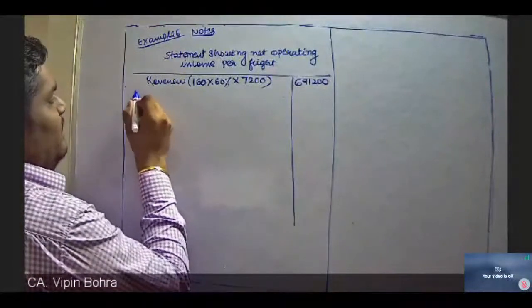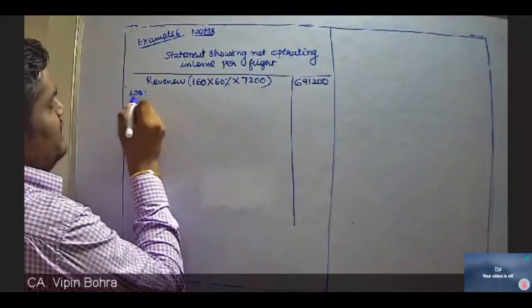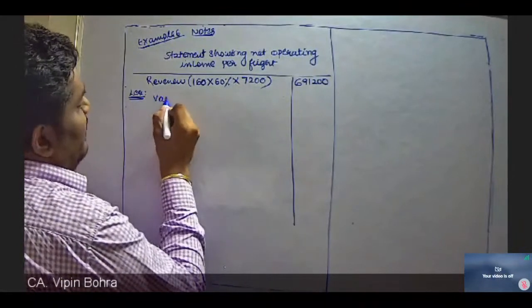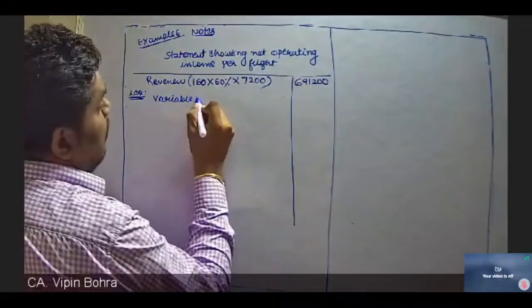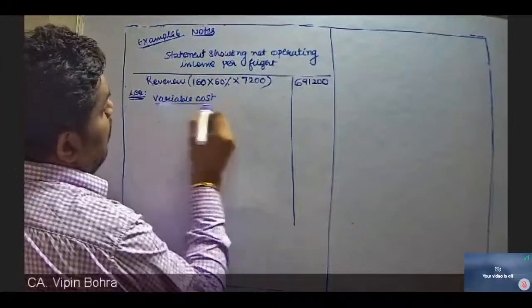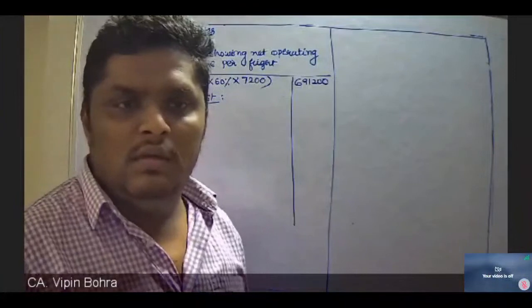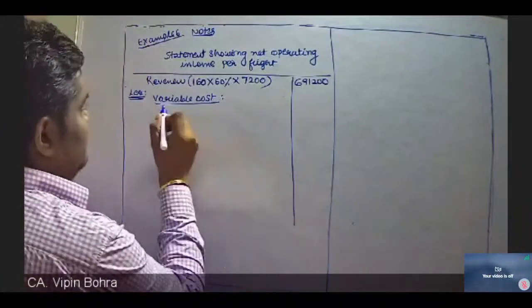Now my variable cost, since we have to calculate operating income. What are all my variable costs? Fuel cost 96,000 per flight.